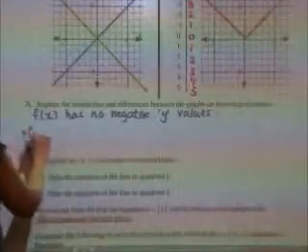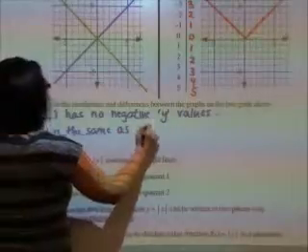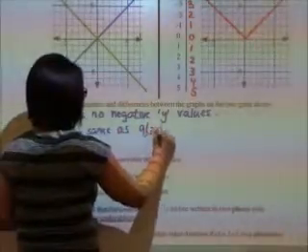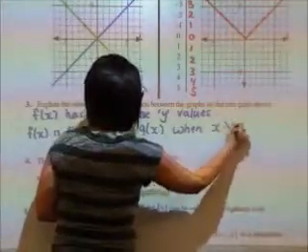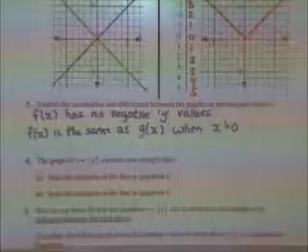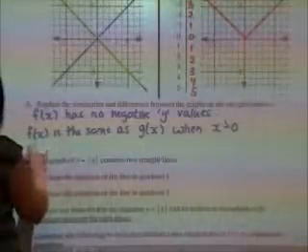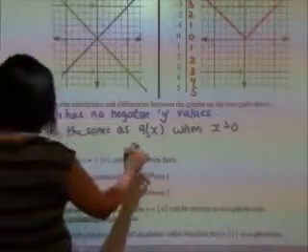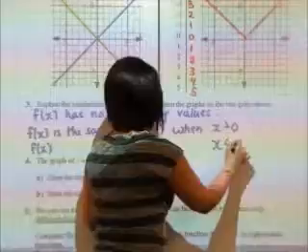And then I can say that f of x is the same as g of x when my x values are greater than 0. And then f of x is the same as h of x when the x values are less than 0.